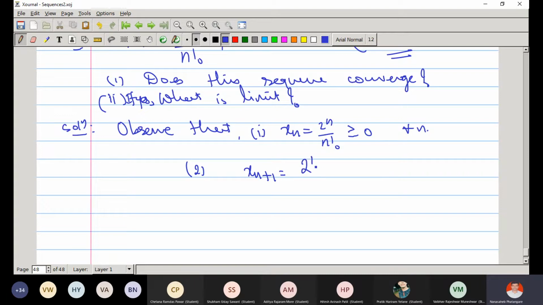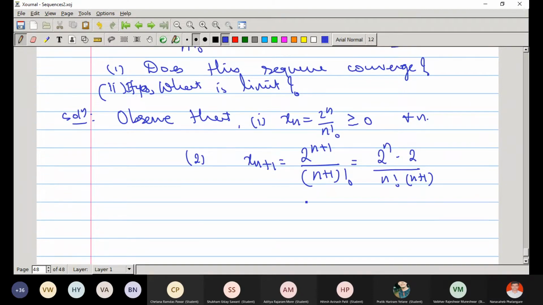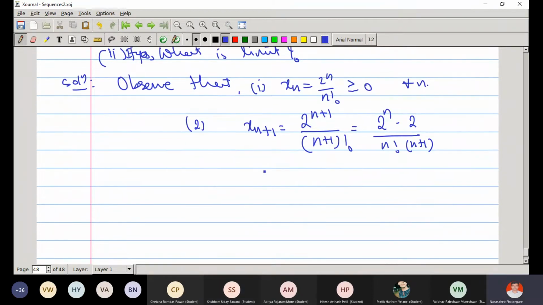Xn plus 1 is 2 raised to n plus 1 upon n plus 1 factorial, so 2 raised to n into 2 upon n factorial into n plus 1. Is whatever I have written correct? Yes, sir. So 2 raised to n upon n factorial into 2 upon n plus 1, and this is basically xn into 2 upon n plus 1.